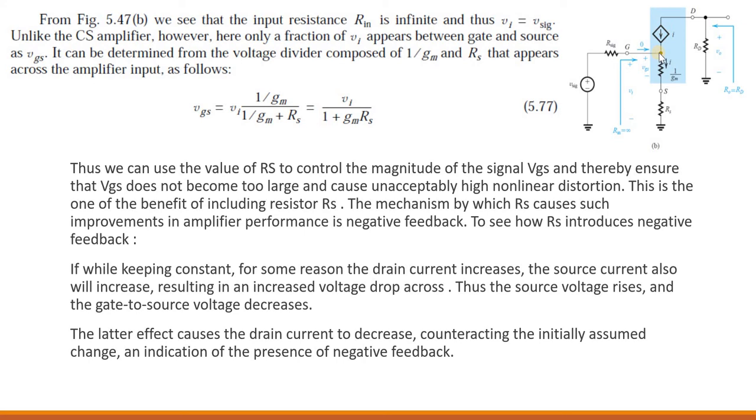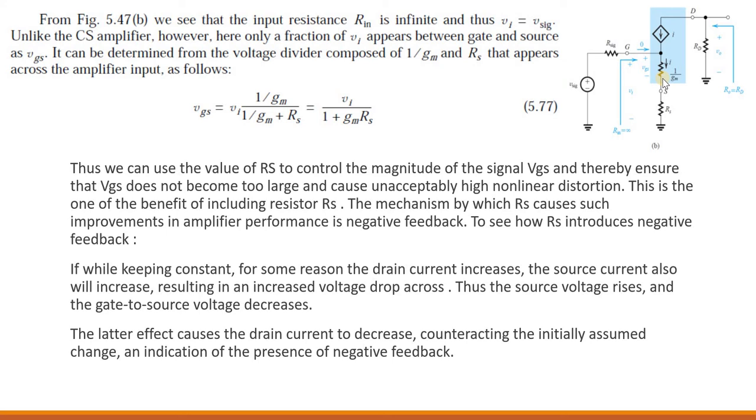Understood? At the gate terminal Ig is 0, so the same amount of current i flows here. Again the dependent control source is replaced by a resistance, whose value is 1 over Gm. Now, this is VGS, the gate to source voltage.